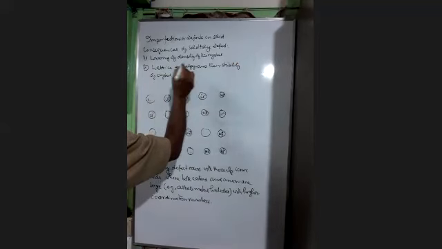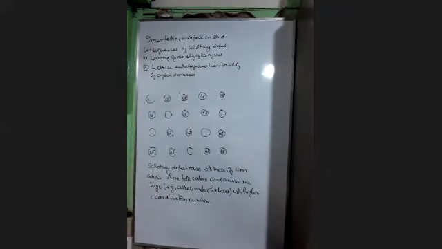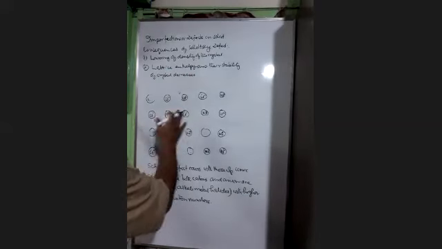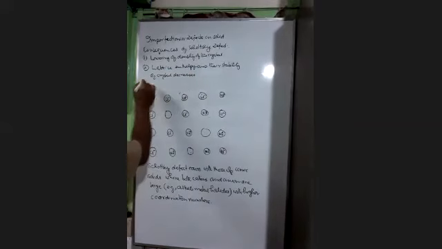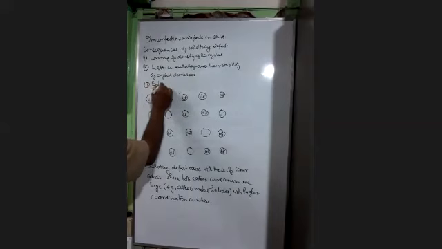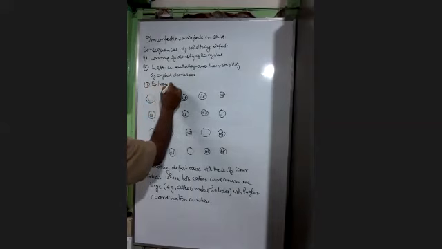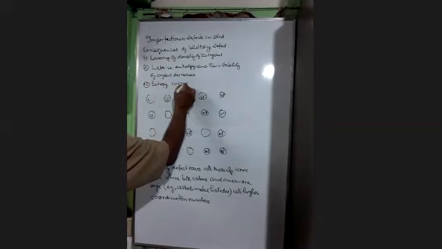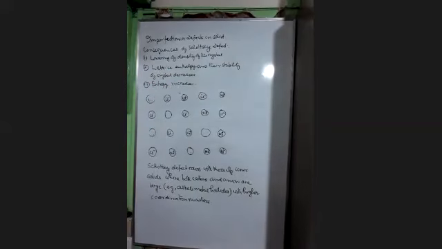Now it becomes soft, and these particles can move now. Vacant spaces are there. What is the third one? Entropy increases.